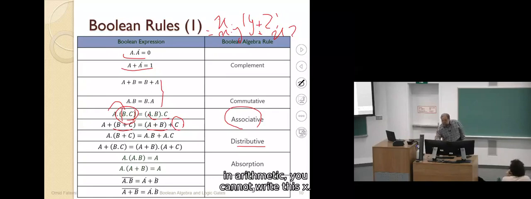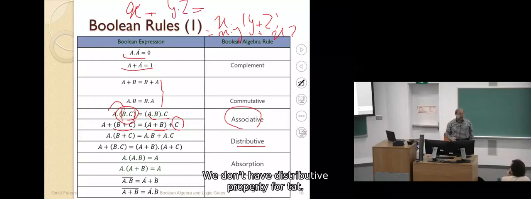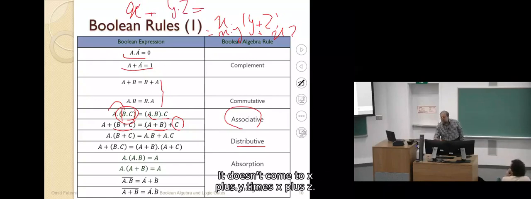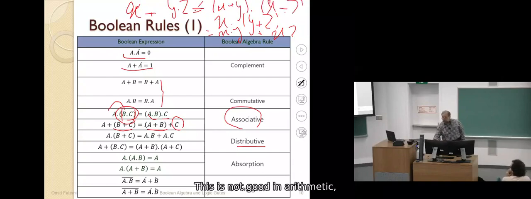For example, in arithmetic, you cannot write x plus y times z as x plus y times x plus z. No, it is not correct in arithmetic. But in logic, it is correct.